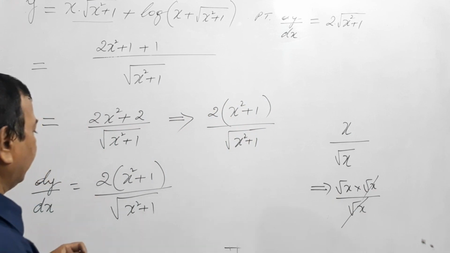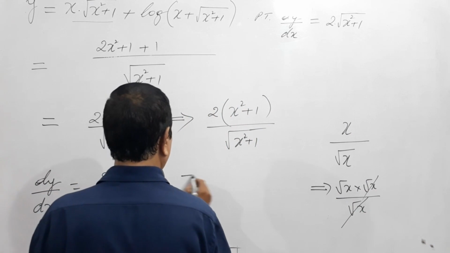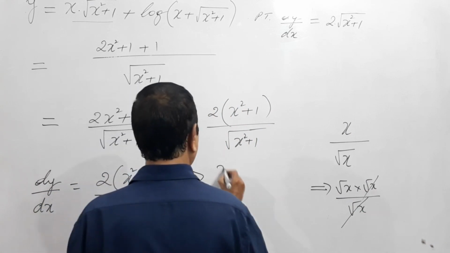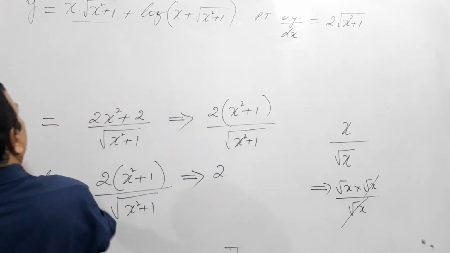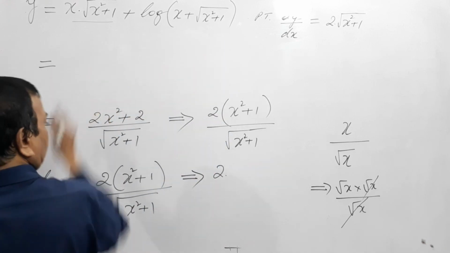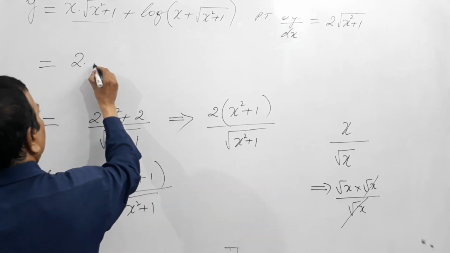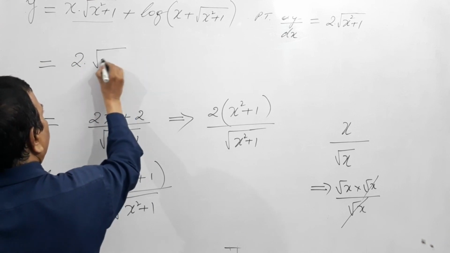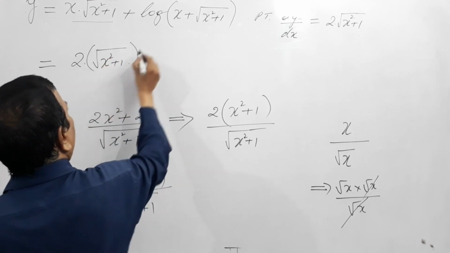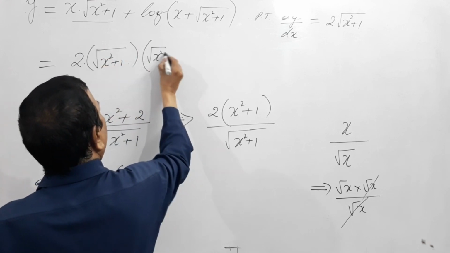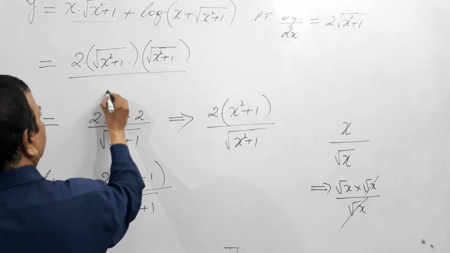So what I'll do, similar way, this is nothing but 2 into, okay, I'll write here. So this is nothing but 2 into square root of x square plus 1 into x square plus 1 divided by this x square plus 1.